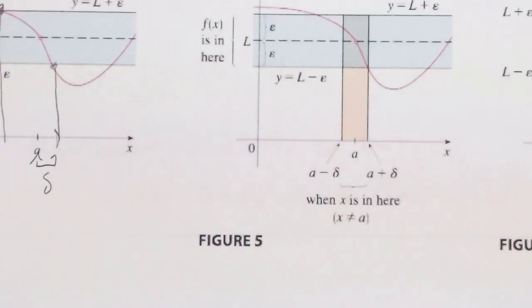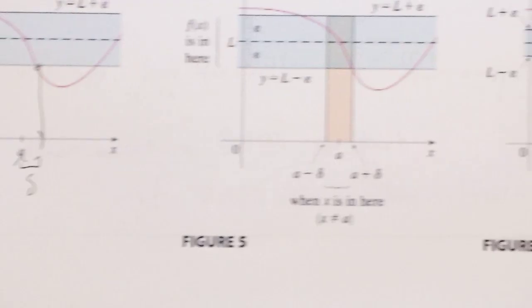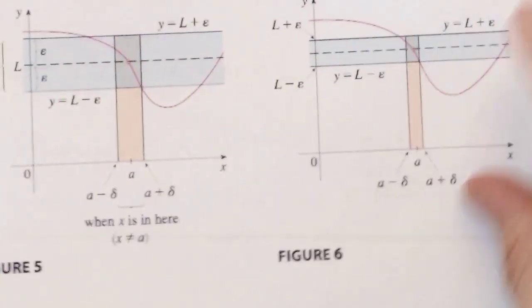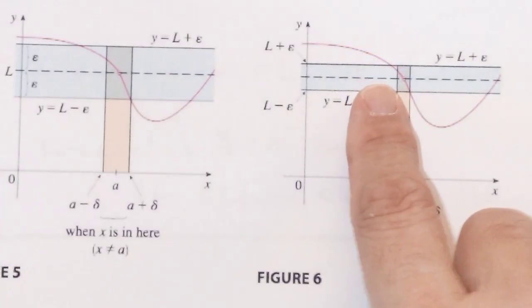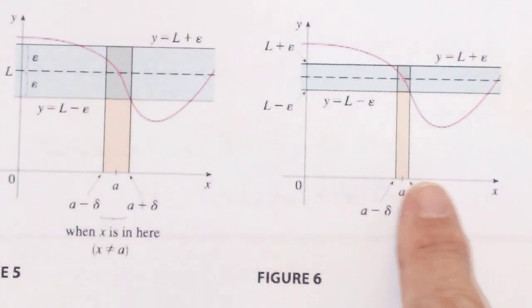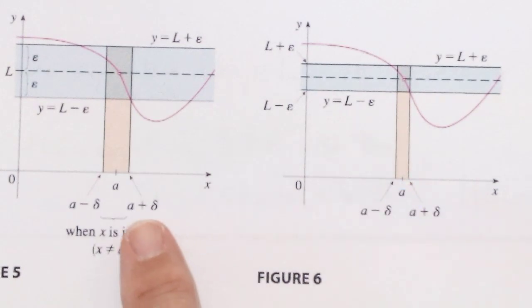So now you gave me an epsilon, be this close, and I turn around and say, okay, well then here's how close you have to be to A. If you change epsilon, you're going to change the corresponding delta. This strip is narrower than this one. So this column is narrower than this one. But as long as I can always find a delta, it works.